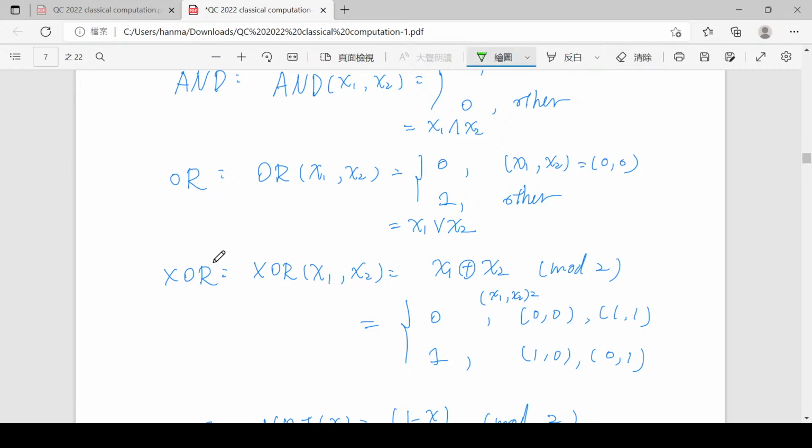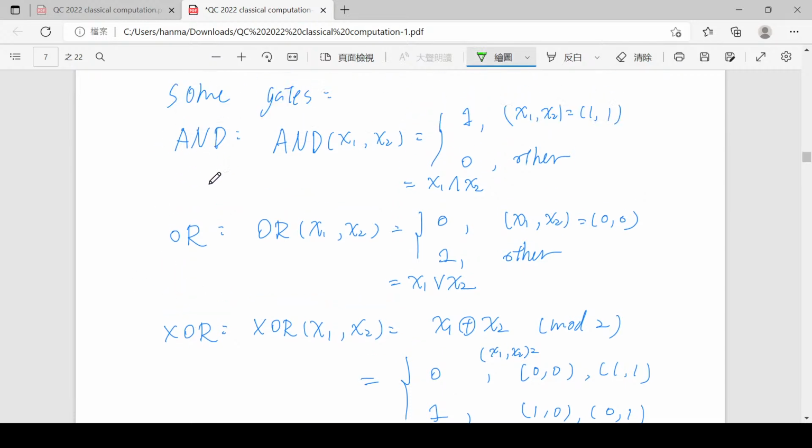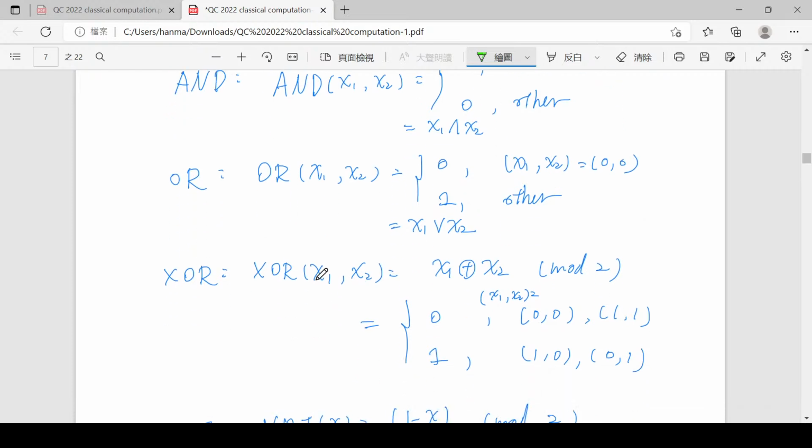Then there is the XOR gate. This is a little less famous than AND and OR. So the XOR gate of x1 and x2 computes the parity or difference of x1 and x2.